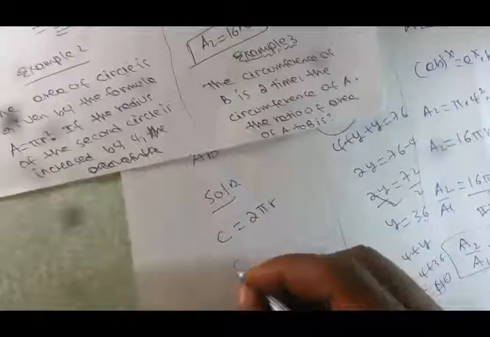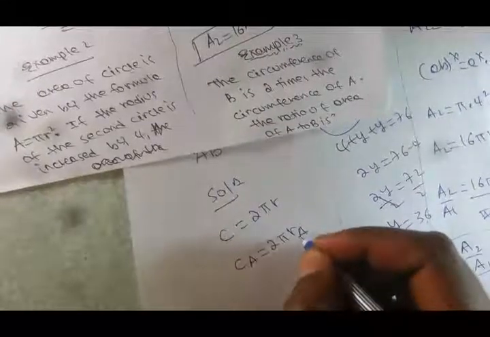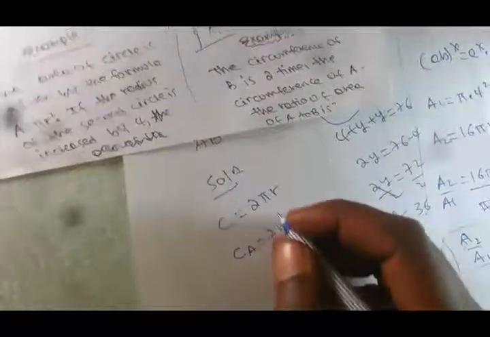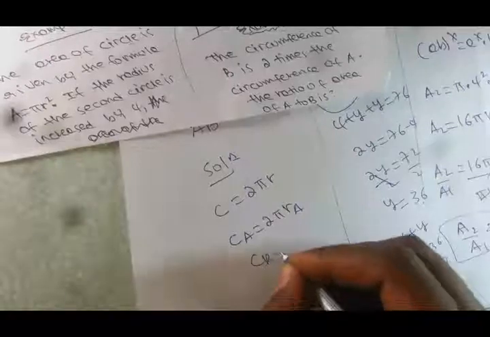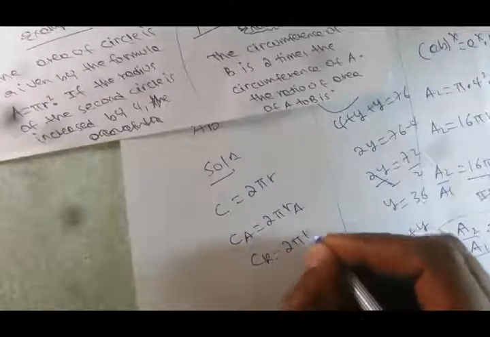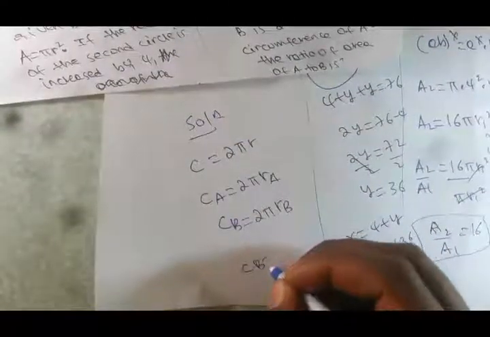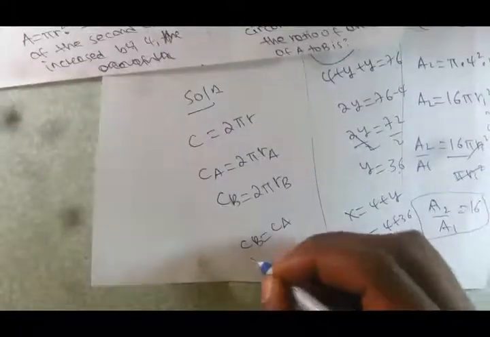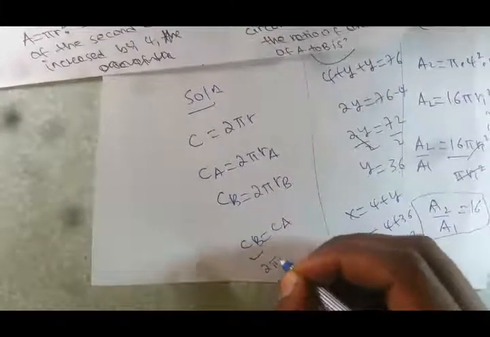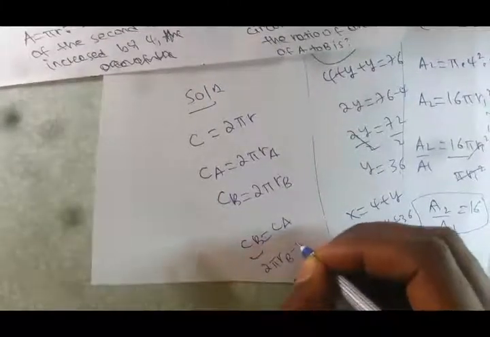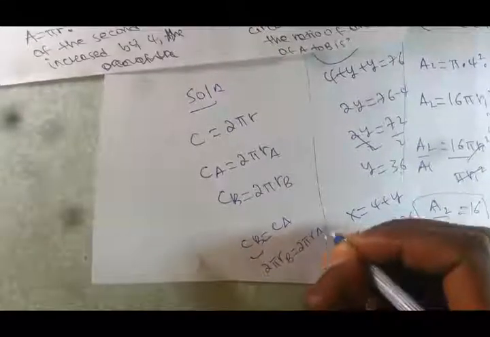And circumference of A is given by 2 pi r of A, and circumference of B is given by 2 pi r of B. And we are given that circumference of B is equal to 2 times circumference of A. Therefore, 2 pi r of B is equal to 2 times 2 pi r of A.